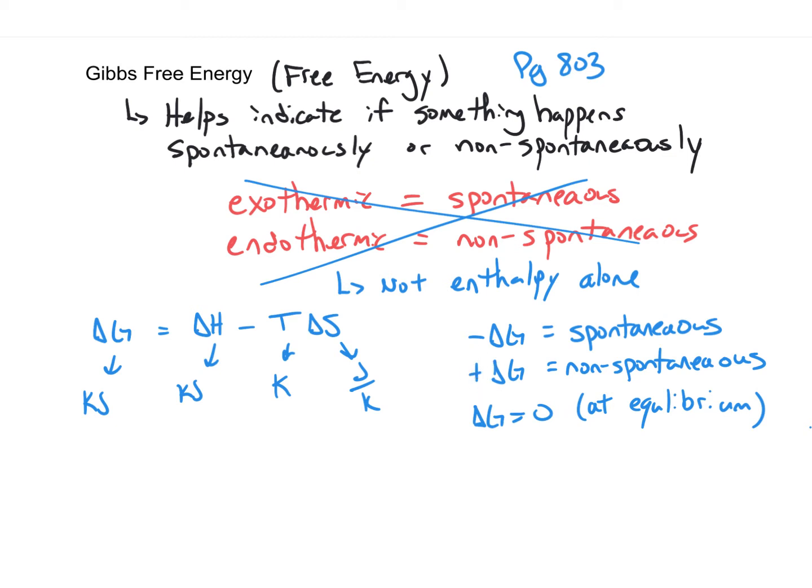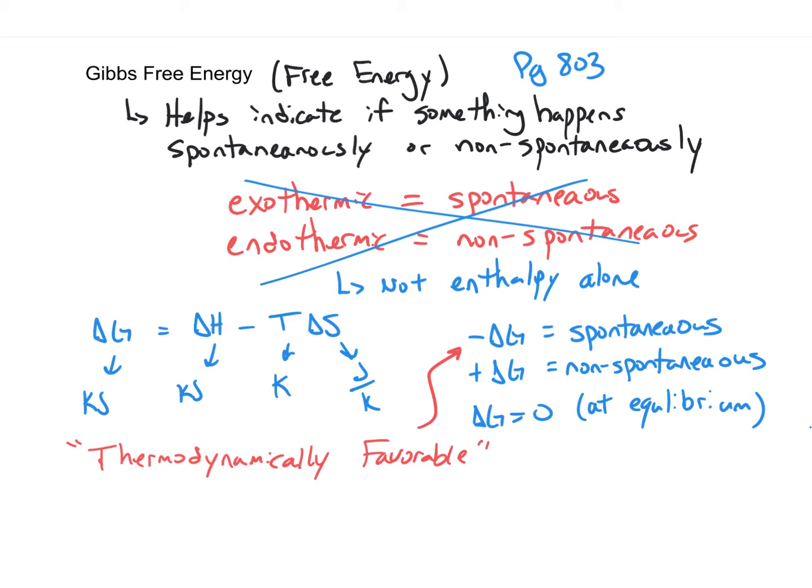I'd also like to talk to you about the concept of thermodynamic favorability. You might come across this term on the AP tests or even in the text. Anytime that something is considered to be thermodynamically favorable, what they're really meaning is that it has a negative delta G value. So if delta G is negative, we consider that thermodynamically favorable.